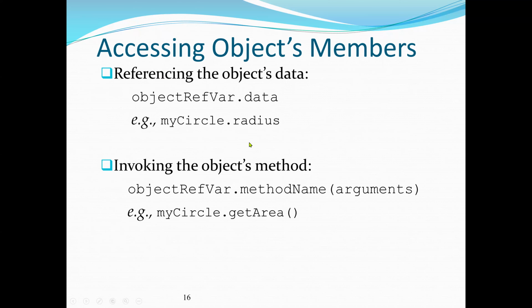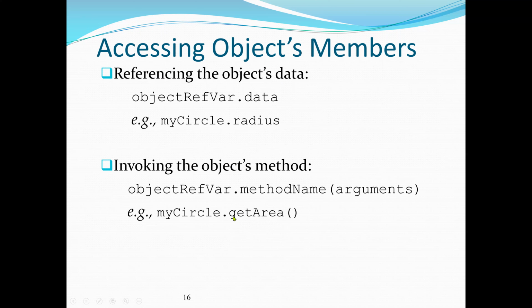Now, if you want to invoke an object method, the object methods are all the methods that are in this class. So if I have a class with 10 methods, the object can use all the methods. For example, we have a method named getArea in a Circle class.